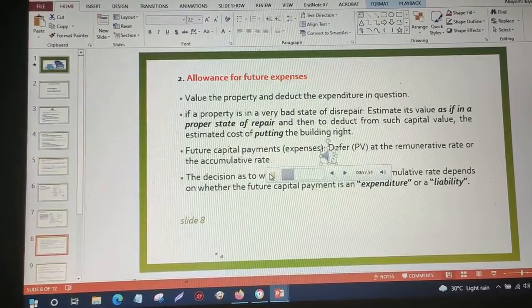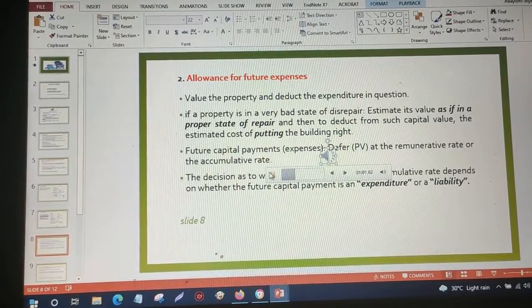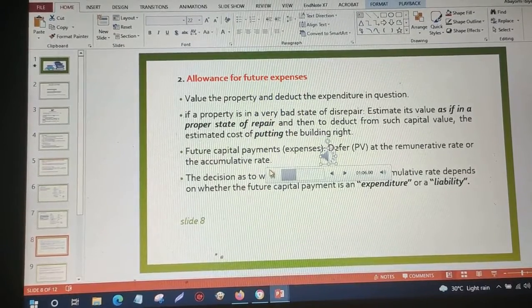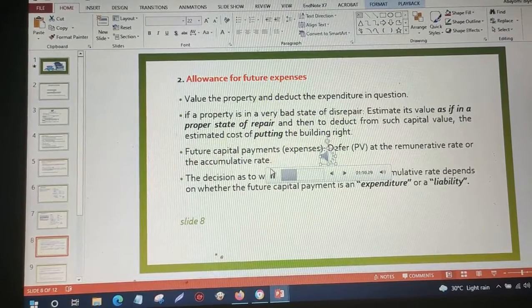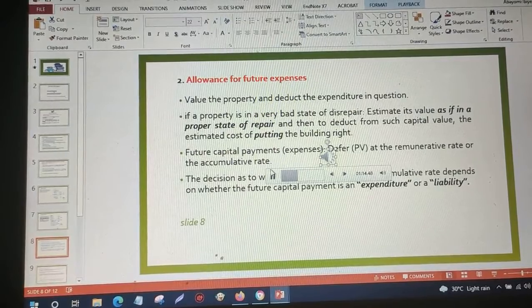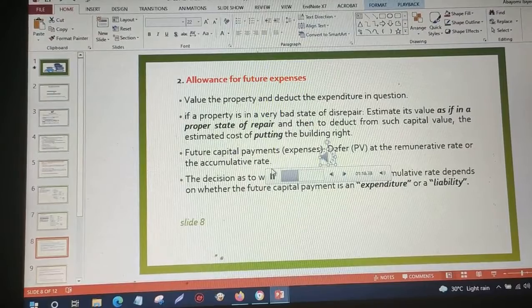So future capital receipts or future capital payments, which is an expense to the landlord, what do we do? We just defer at the remunerative rate or accumulative rate. I will explain that later on. Whichever is required.